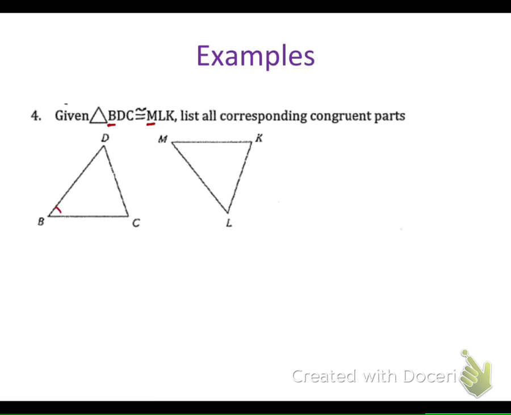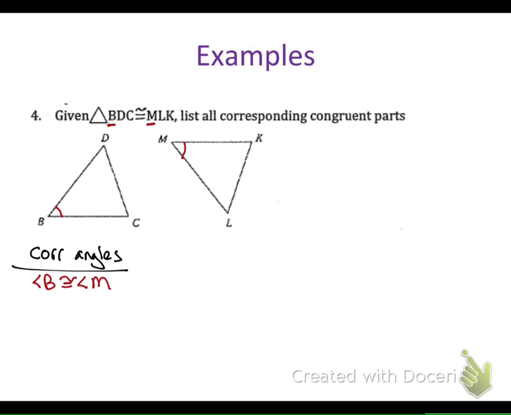So I'm going to draw my arc in, angle B and angle M, and I'm going to write them down here as corresponding angles. So we see that angle B is congruent with angle M.